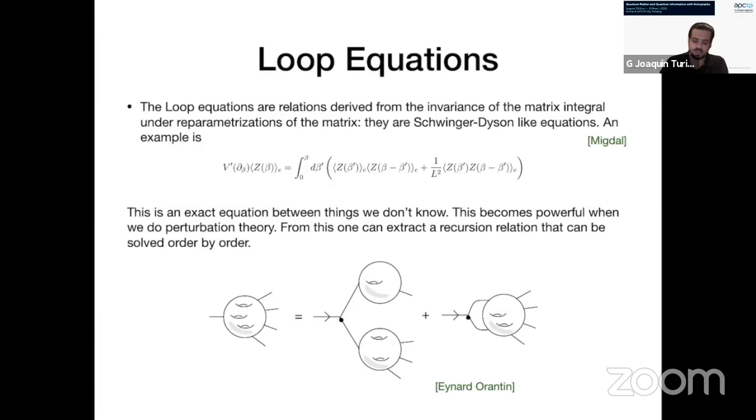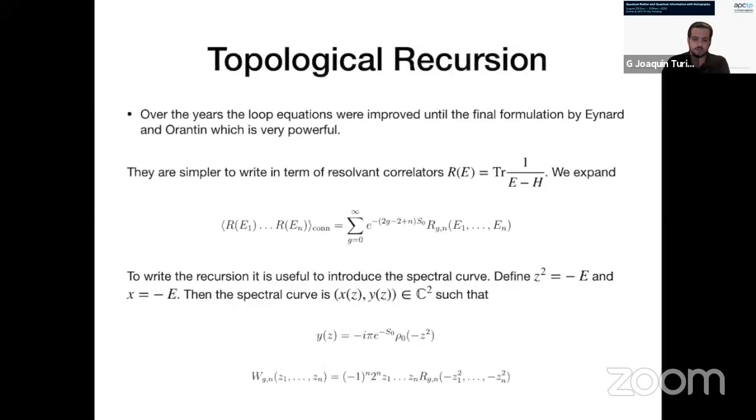And this evolved over the years until the work of Eynard and Orantin, who gave a very nice formalism to understand this recursion. I want to make some comments that might help if any of you is interested in looking at the paper. The recursion is given in terms of the resolvent, which is this.